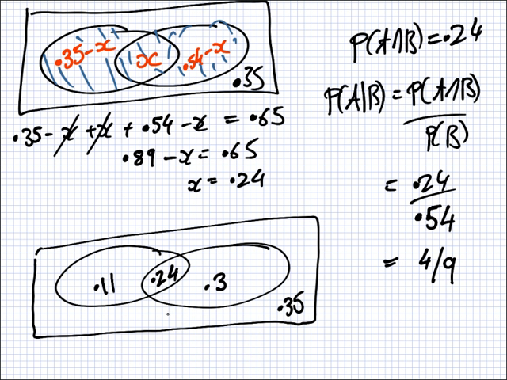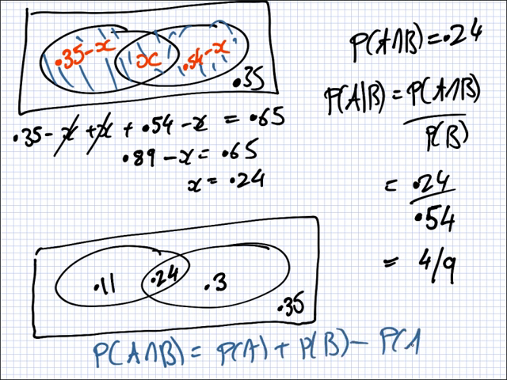Probability of A or B equals probability of A plus probability of B minus probability of A and B. No, that's fine. It amounts to doing the same thing that I did. The only reason I didn't show the class this formula is because I don't think it's in the formula book. But yes, you can use it if you like. It's the same without the X's.